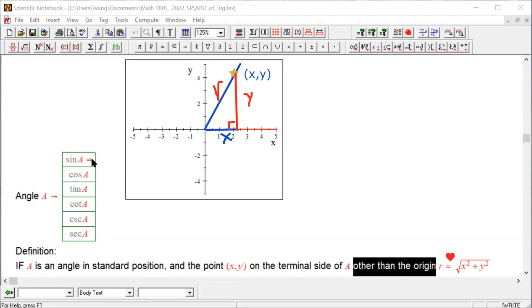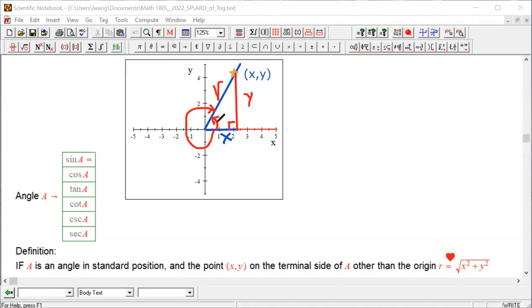So, sine of the angle right here. In fact, this angle is not unique. You can measure counterclockwise, or clockwise, and you can go around and around many times. So this angle is not unique.